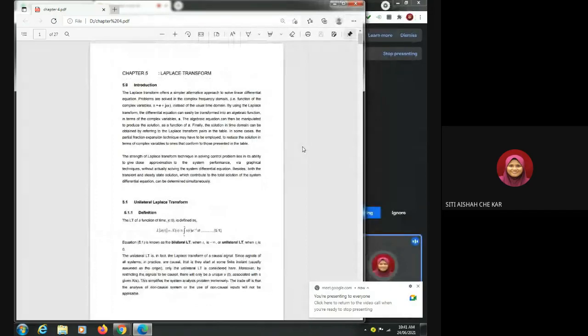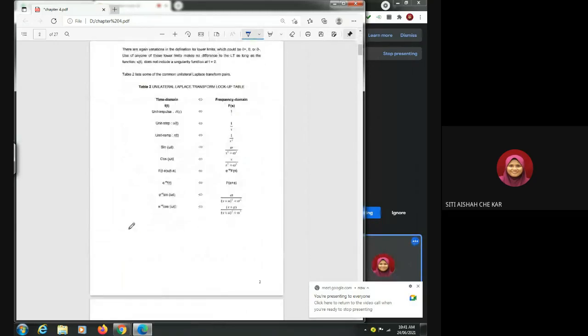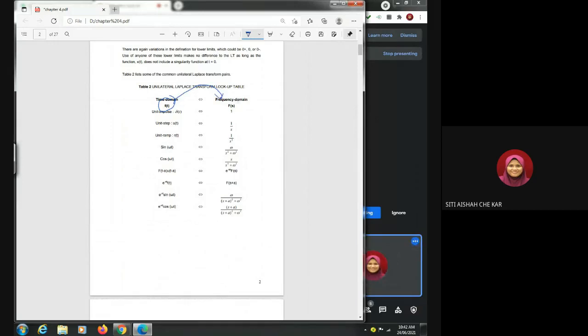Last today what we learn is about Laplace Transform. It's chapter 4, Laplace Transform. So we already discussed about how we gonna convert from time domain to the Laplace domain, from the time domain to frequency domain using Laplace transform.